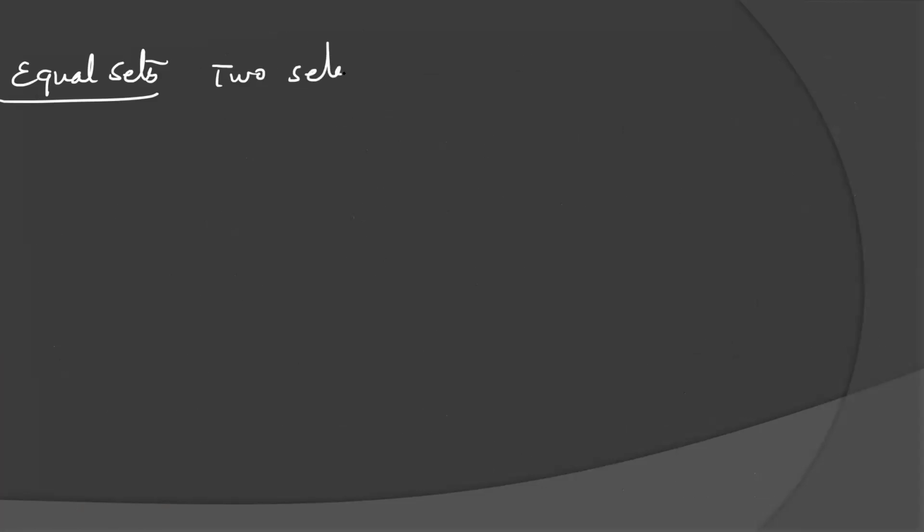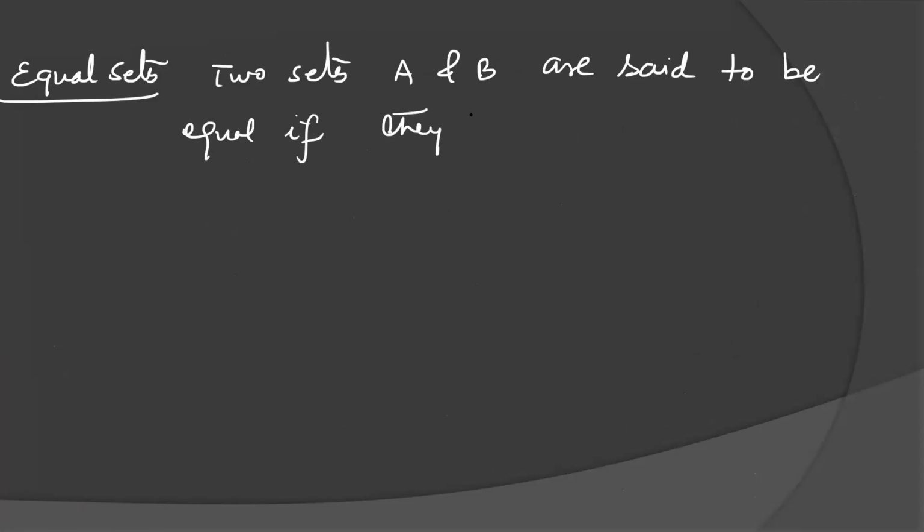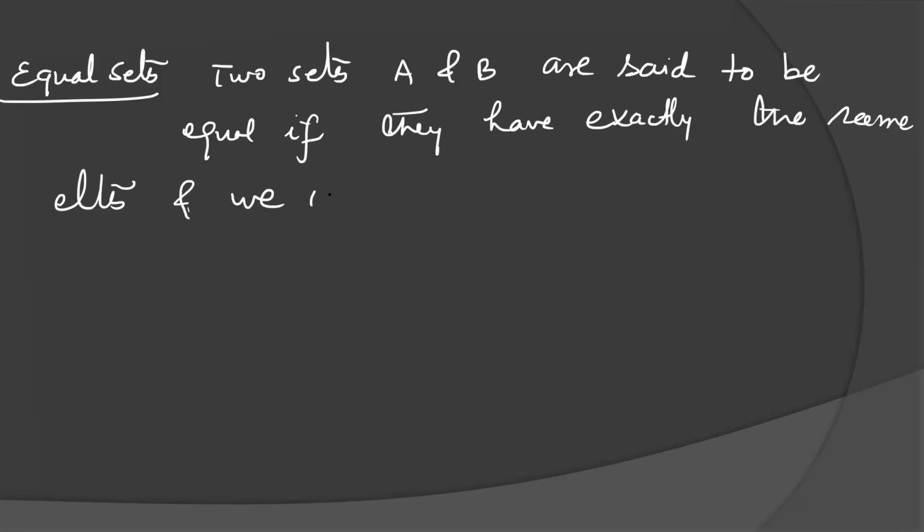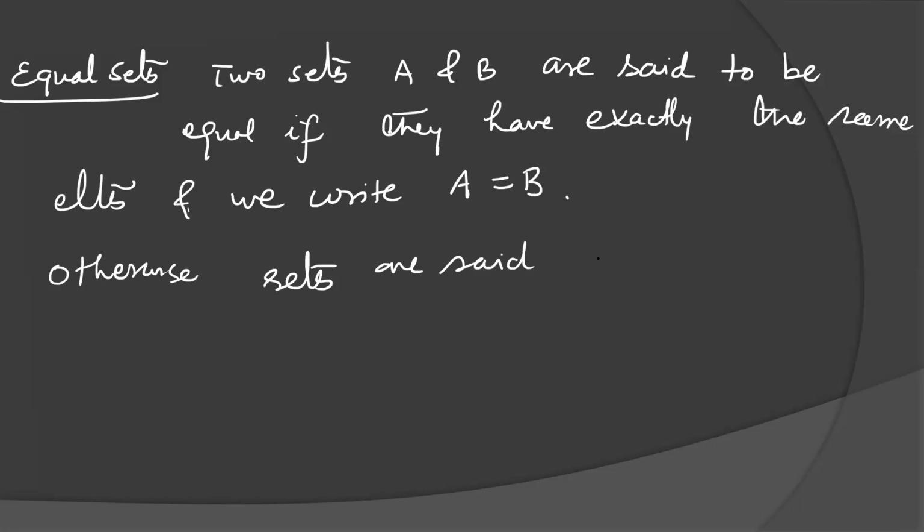Two sets A and B are said to be equal if they have exactly the same elements, and we write A equal to B. Otherwise, sets are said to be unequal, A not equal to B.